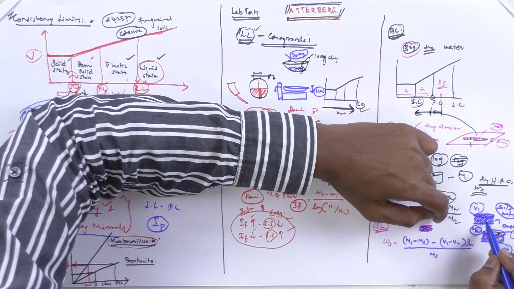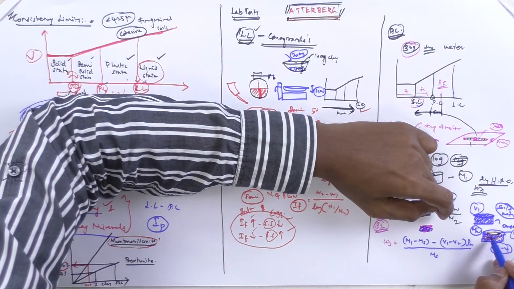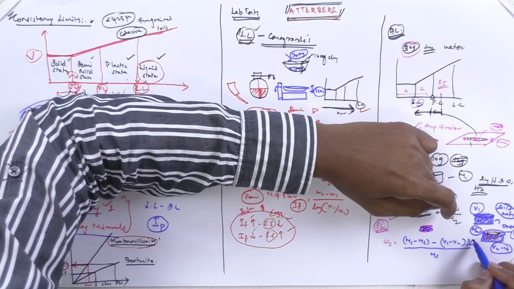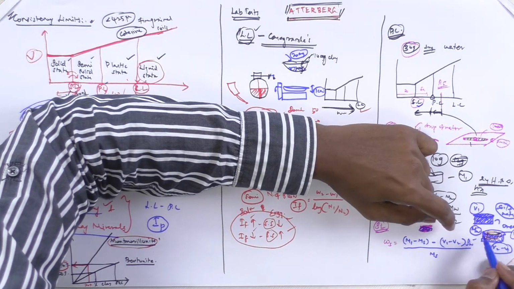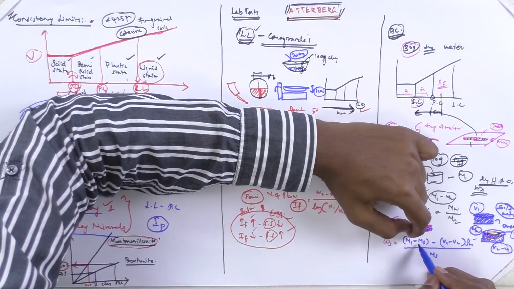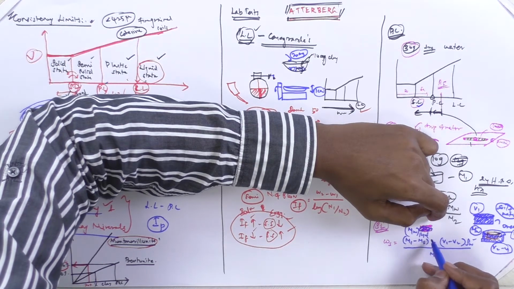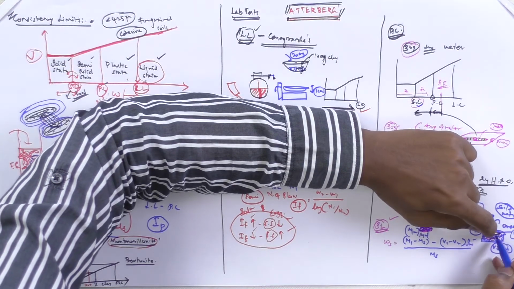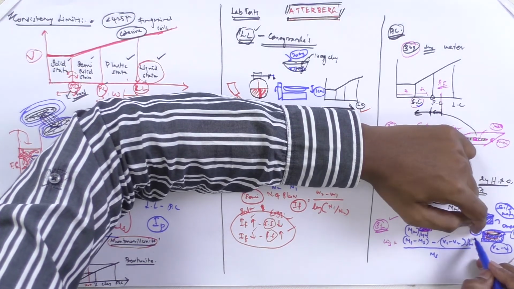Once you subtract, you get the volume, and multiplying with the density of water, you will get the mass which is occupied. So this total mass of water minus the mass of water which occupied the gap, once you subtract, you get the mass of water present in the pores.